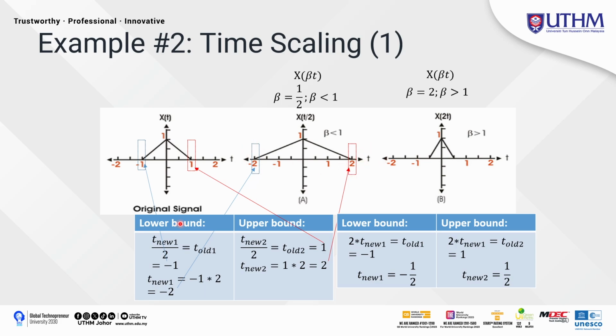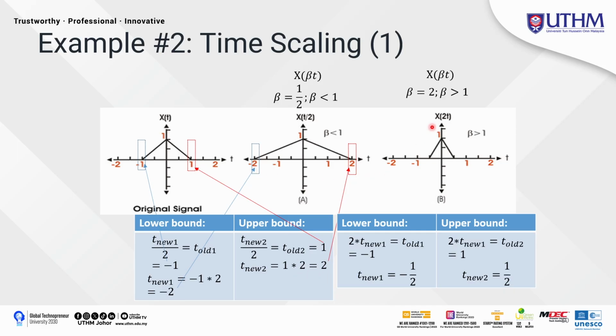Now for the upper bound, t over 2 equals the old location of the upper bound, from the original signal, that is 1. So t is 2 times 1, so you get 2. So the new location is from -2 to 2.